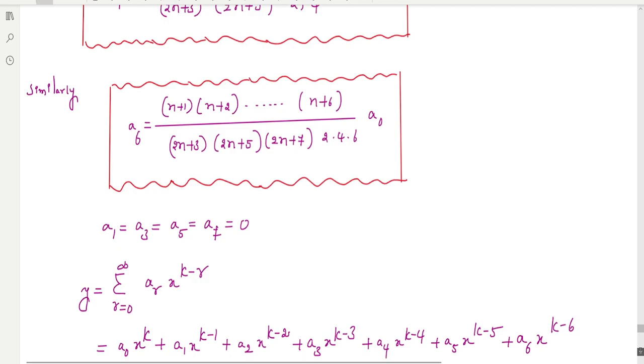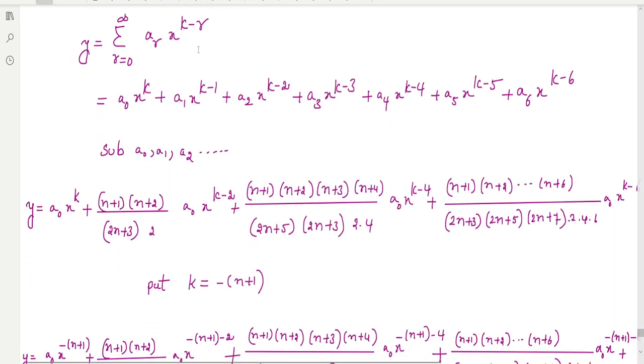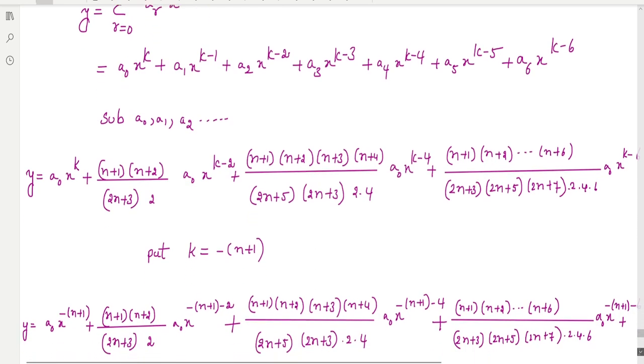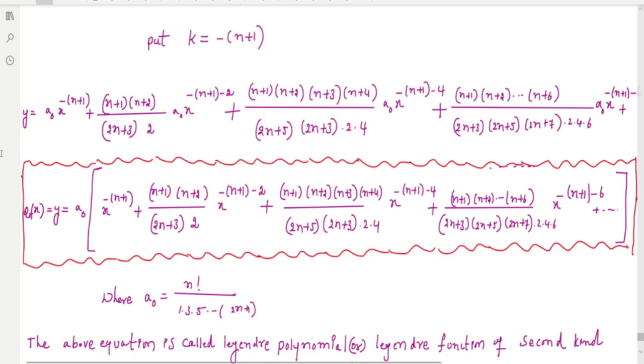Then again substitute these a1, a2, a3, a4, a5 values here and extend this solution. Then replace k equal to minus n plus 1. So after substituting, you will get this equation.